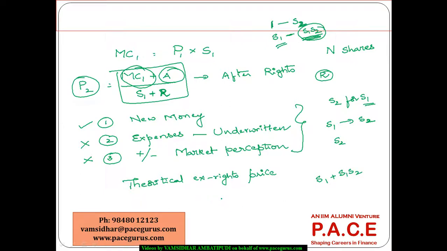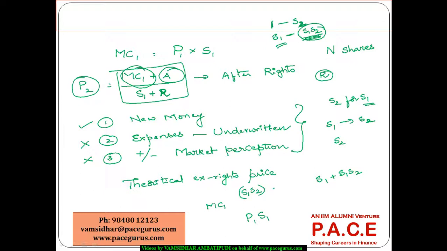Now, let's say the market capitalization initially was MC1, which was nothing but P1S1, and the new money that I am raising. How many new shares am I issuing now? The new shares that I am issuing is S1, S2.